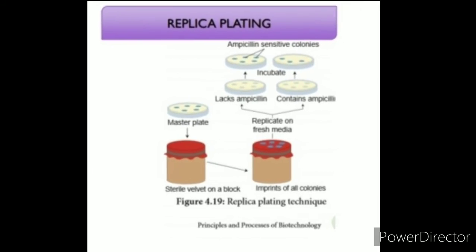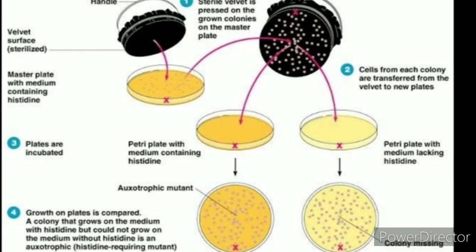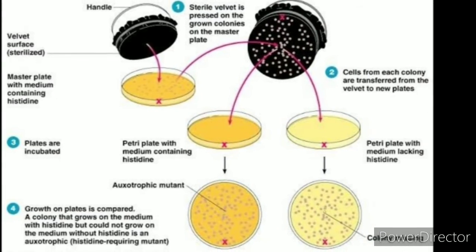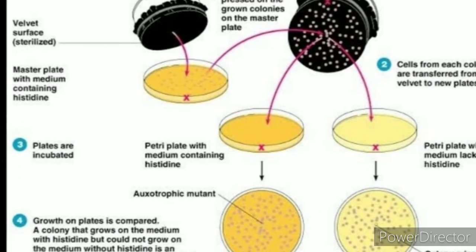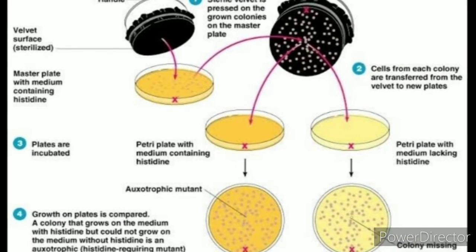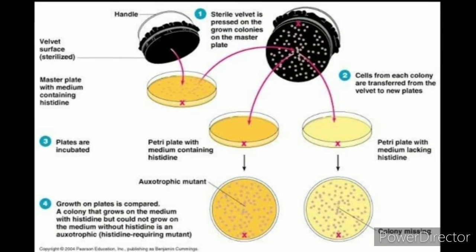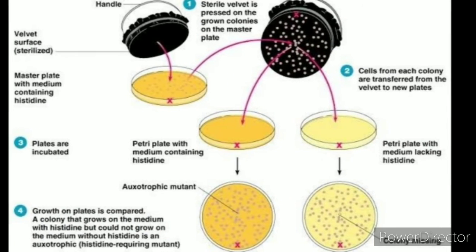Next one is the replica plating technique. It is also one of the important screening techniques. This technique preserves the pattern of colonies, that means bacterial colonies growing on the culture plate. This plate is called the master plate. A sterile filter is pressed against the culture plate and then lifted.